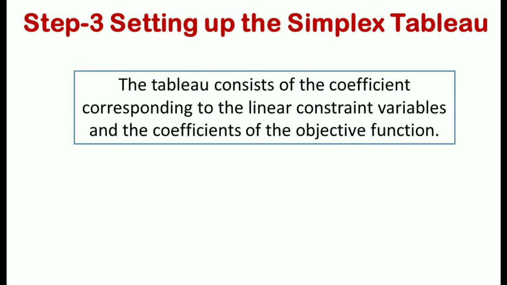After the slack variables are introduced, a tableau can be set up to check for optimality. A simplex table is used to perform row operations on the linear programming model as well as to check the solution for optimality. The tableau consists of the coefficients corresponding to the linear constraint variables and the coefficients of the objective function.